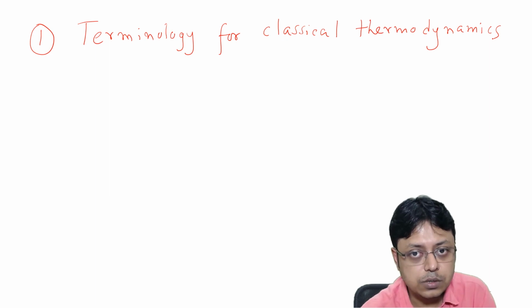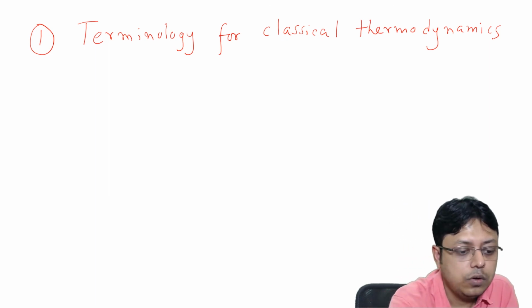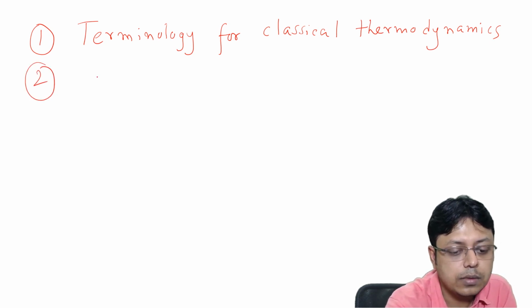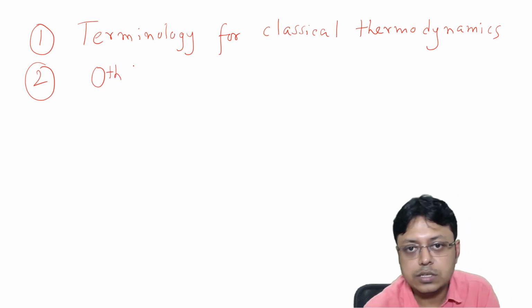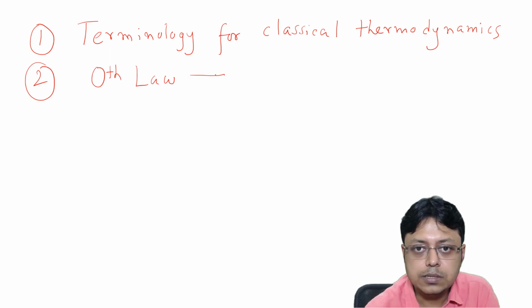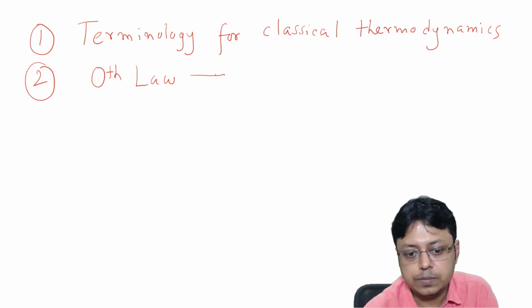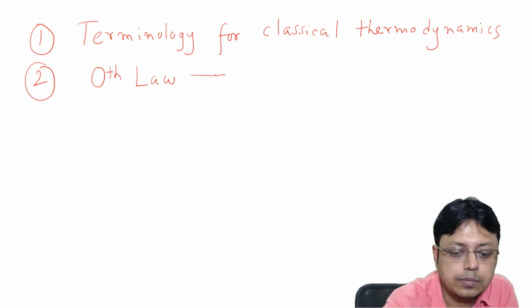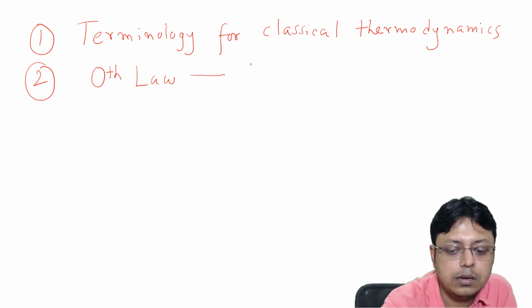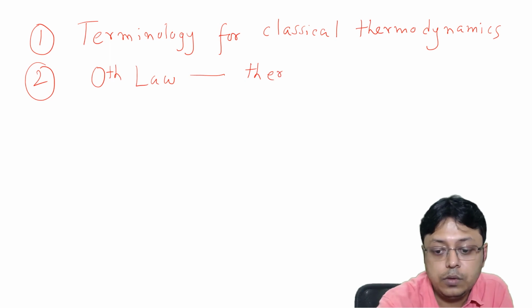We gave examples to each one, and then we moved on and first discussed the zeroth law of thermodynamics, which basically talks about the systems in thermal equilibrium and gives a concept of temperature. So the zeroth law is nothing but a law of thermal equilibrium.